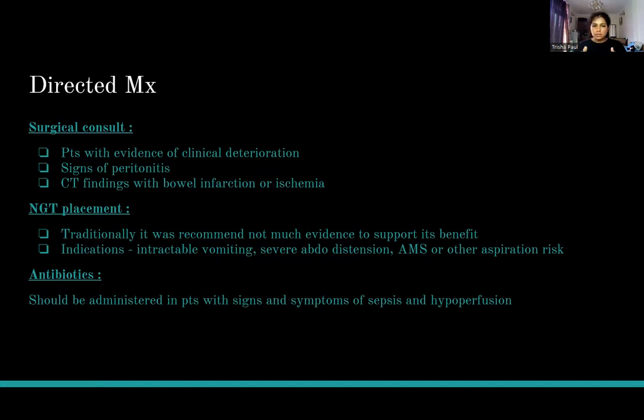So you can use an NG tube if your patient has intractable vomiting, severe abdominal distension, altered mental status, or other risks of aspiration. You can give your patient antibiotics if they have signs and symptoms of sepsis and hypoperfusion.